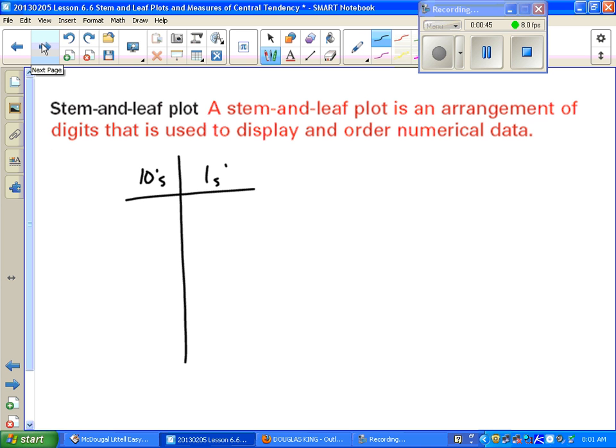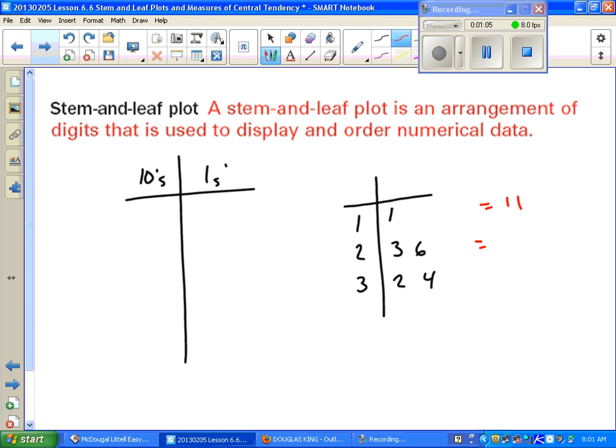So if you see a stem and leaf plot that doesn't have anything on top, and all you see is 1, 2, 3, like this, 1, 3, 6, 2, and 4, you have to assume without a key that that means the number 11. This means 23 and 26, and this means 32 and 34.